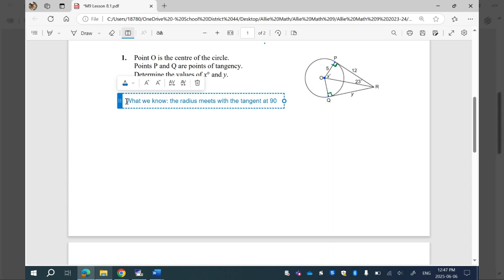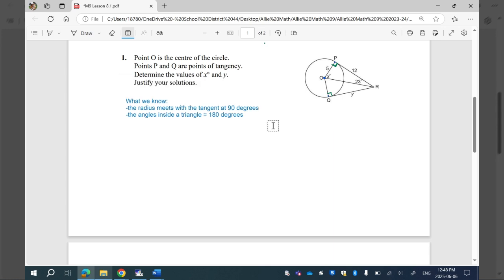What else do we know? We know also that the angles inside a triangle equal 180 degrees.